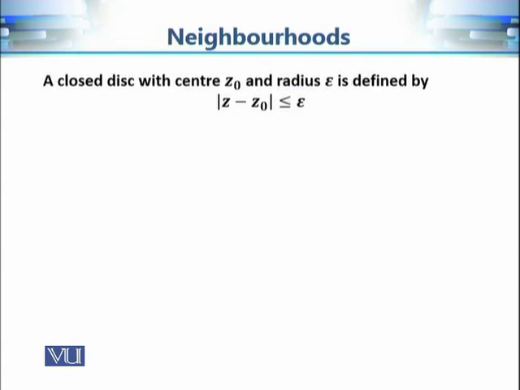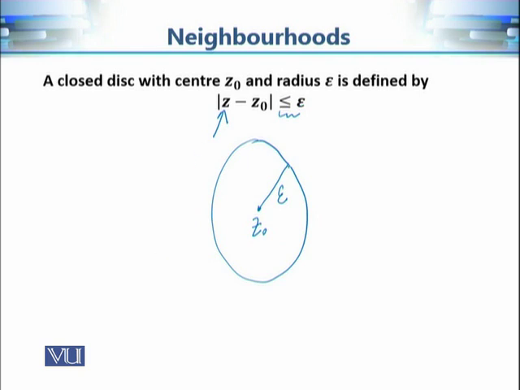Now, continuing in this direction, we can define a closed disk. Remember, once again, what is a circle? The circle with center z0 and radius epsilon is the set of all points whose distance from z0 is equal to epsilon. Now, if I change this equality to an inequality, the question becomes: find all complex numbers z whose distance from z0 is either equal to epsilon or less than epsilon.